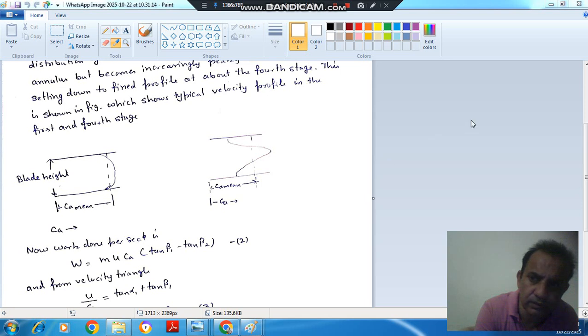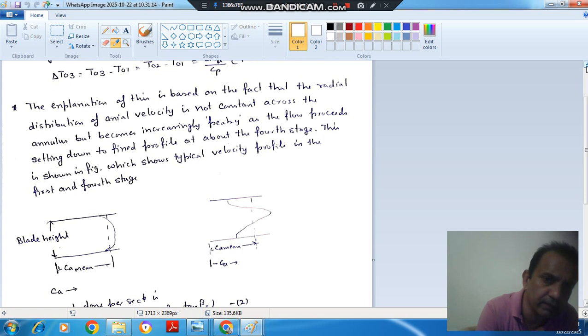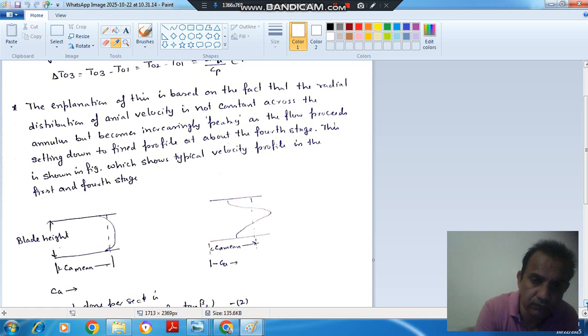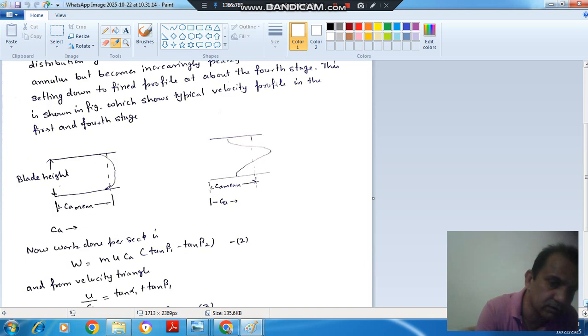These variations reduce the work done or stagnation temperature rise. So this was the actual stagnation temperature rise where we considered Ca as constant, but when we take the variation of Ca into account, the stagnation temperature rise as well as the work done decreases. How does it decrease?